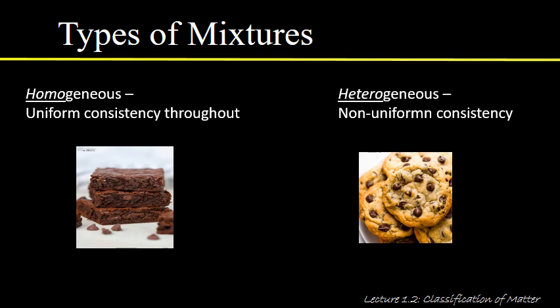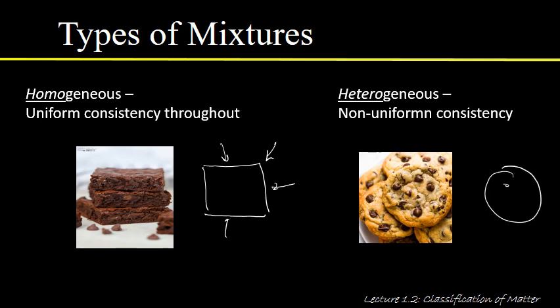But the brownie, no matter where you bite into it, it's going to be exactly the same here and here and here and here. But a chocolate chip cookie has chocolate chips randomly distributed, and so if we were to take a sample of the cookie here and a sample of the cookie here, the composition would be different in one spot and another spot. So the brownie is homogeneous, meaning same type throughout, and the cookie is heterogeneous.